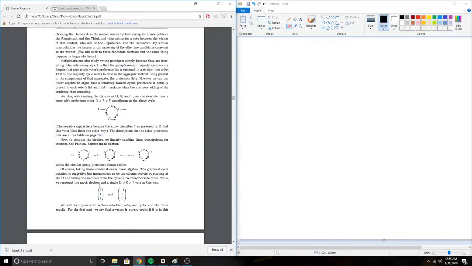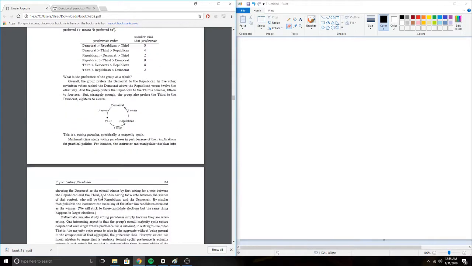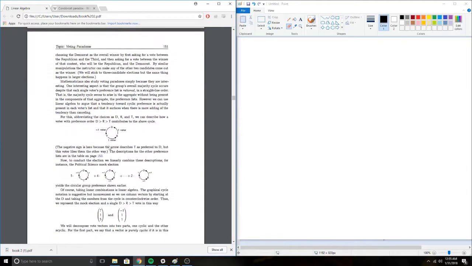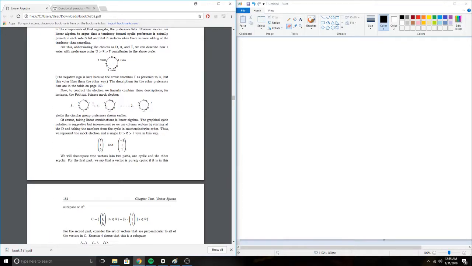We can have the three-dimensional vector (7, 1, 5) showing the preferences of 7 voters who prefer third to Democrat and so on and so forth, or we can have the vector (-1, 1, 1) of this voter showing this Democrats prefer to third, Republican prefer to third, and Democrat prefer to Republican.